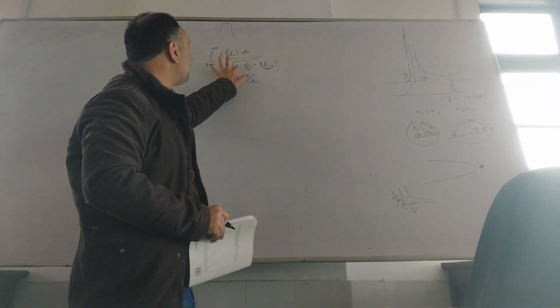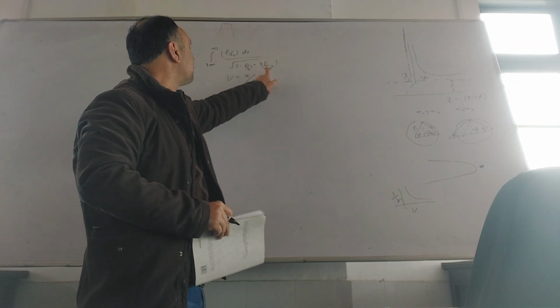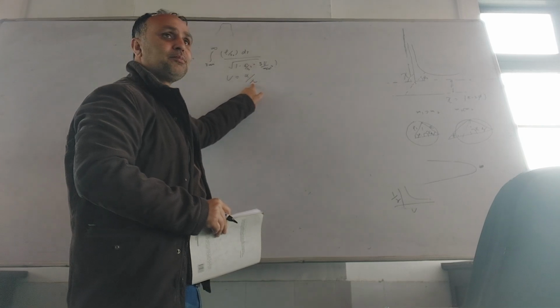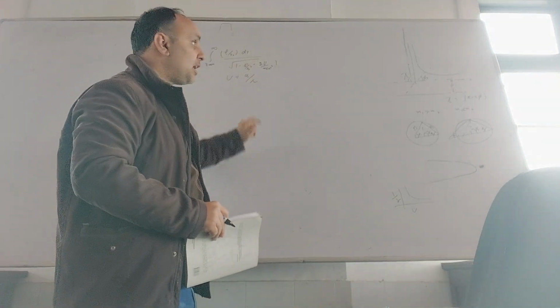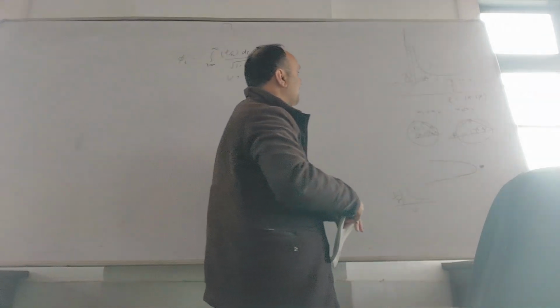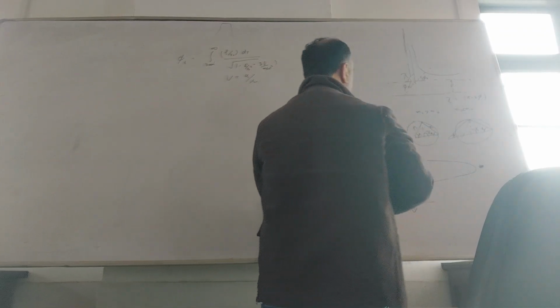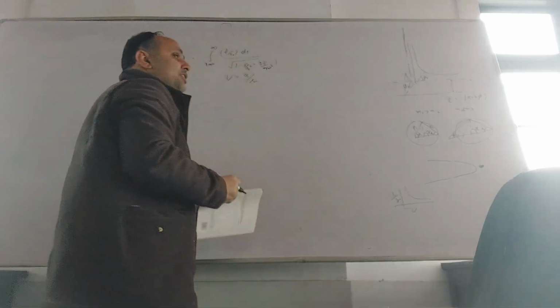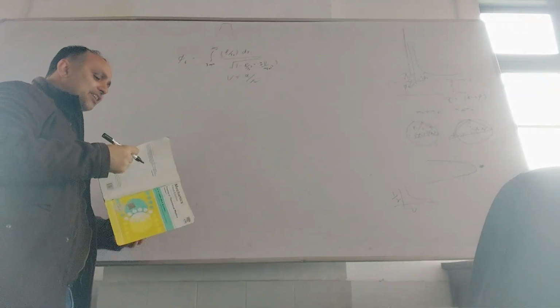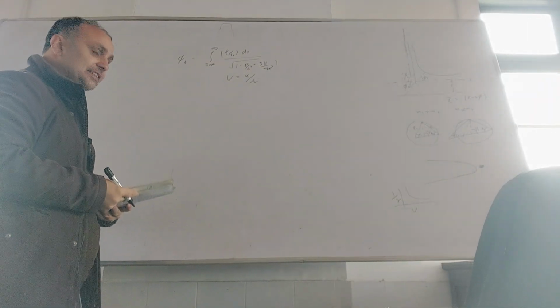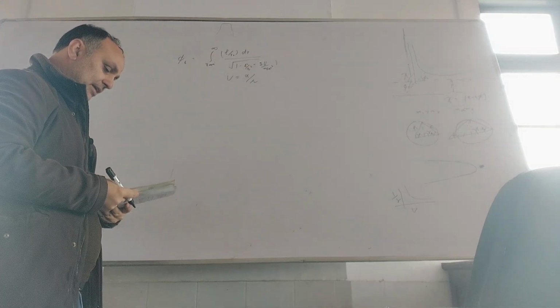So in this equation of motion, now we are going to substitute u with 1 by r, and vis-a-vis this diagram we are going to see what its phi naught is. So now I just put you in some exercise at your place.